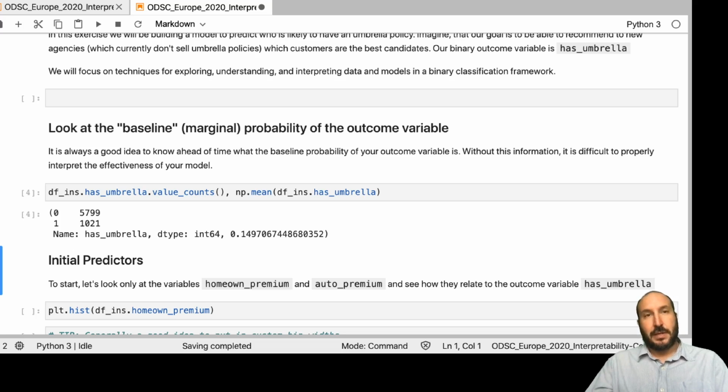But if the general baseline probability of something is 15%, then it's not that interesting to find a subpopulation that's 15%. So this baseline probability really puts everything else into context. In our case, it's important to know that, starting out, 15% of people in this population have umbrella policies.